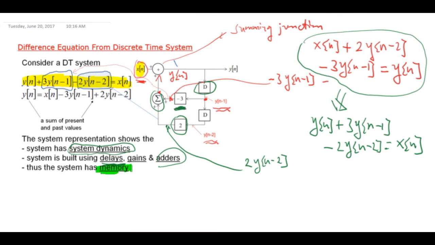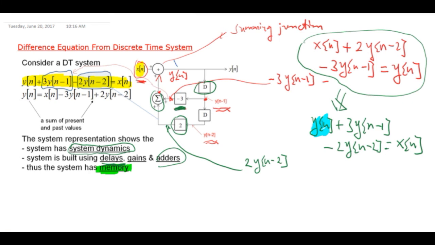So what does it mean, memory? Memory means that the system output y[n] here is affected by x[n-1], x[n-2], and x[n-3]. That is what it meant. It has a kind of memory, right?